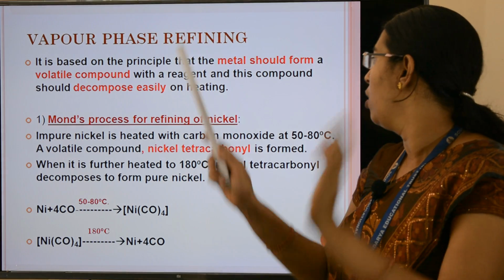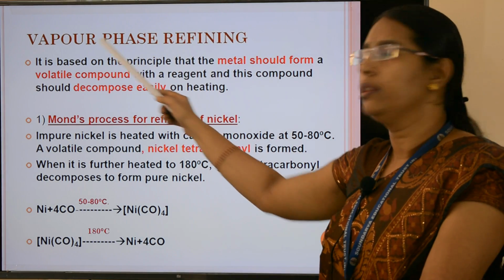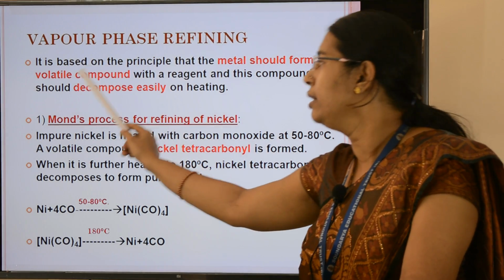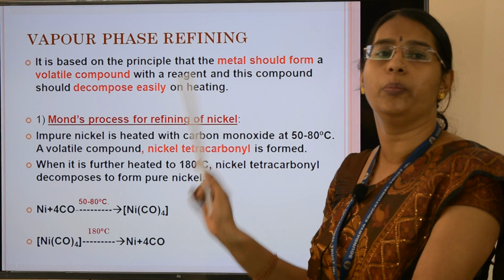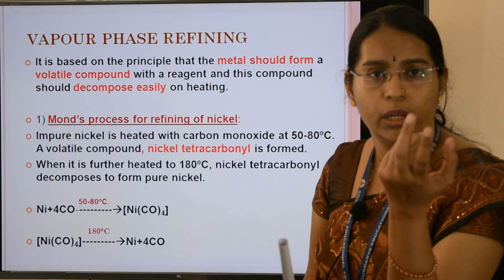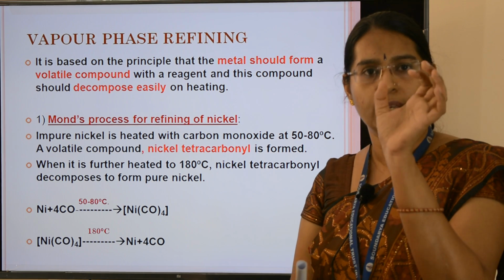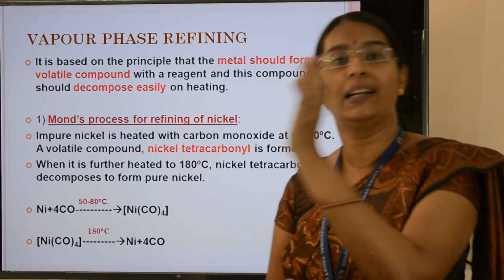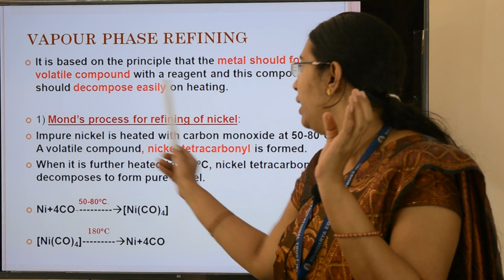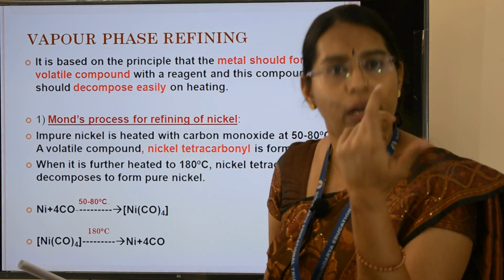Then upon further heating, that volatile compound should easily decompose in order to get the particular metal in its pure form. So it involves 2 steps. In the first step, the impure or crude metal is treated with some reagent in order to form a volatile compound.